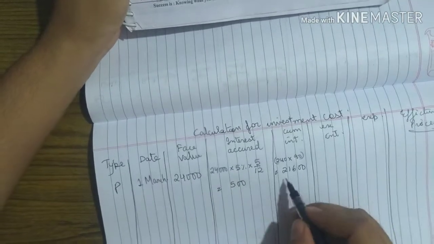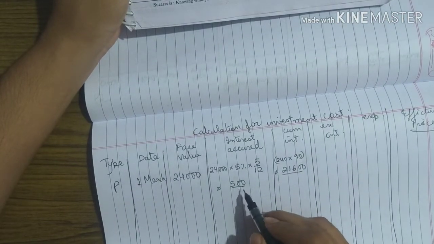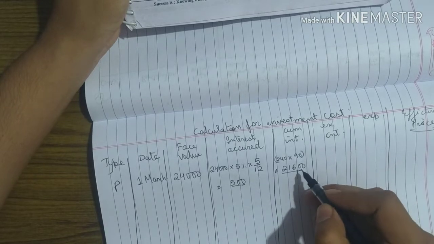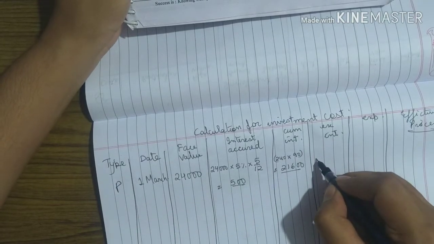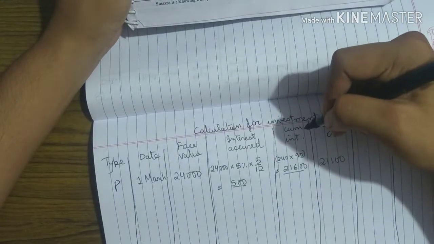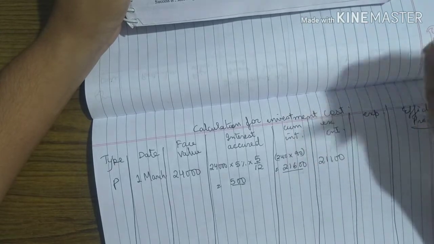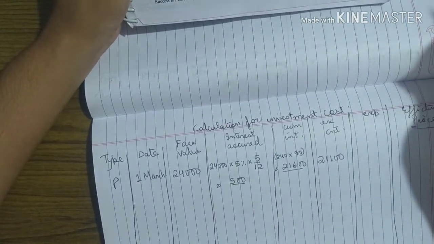So this is the cum-interest amount. This is the interest. So ex-interest will be cum-interest minus interest, which will amount to 21,100. Alright, cum-interest minus accrued interest is ex-interest, as ex-interest is the amount excluding interest.